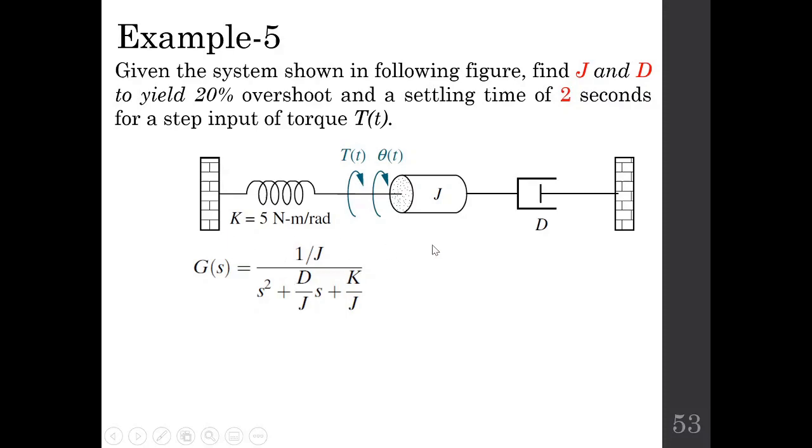Now, the transfer function of this second order system is given here, which is G of S equals 1 divided by J, overall divided by S square plus D upon J of S plus K upon J. Now the value of K is given as 5 Newton meters per radian.